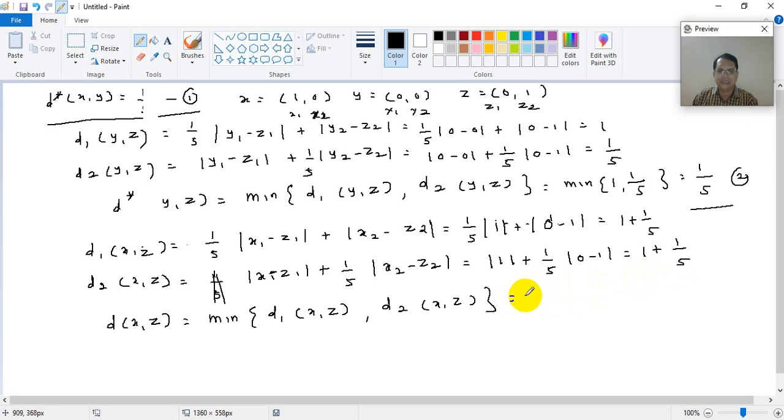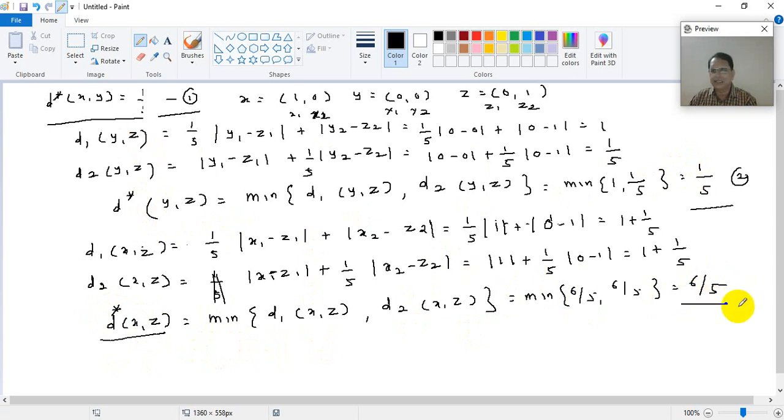The minimum of 6 by 5 comma 6 by 5 is nothing but 6 by 5. So d star xz is 6 by 5. Sorry, I have made lots of errors here. d star yz is 1 by 5, and this is our result.